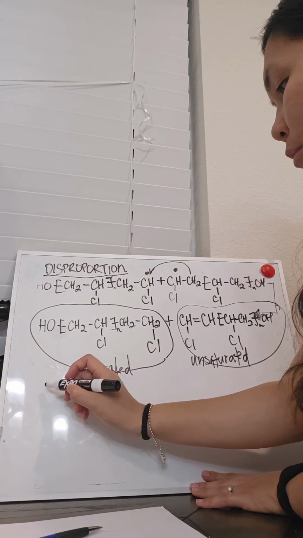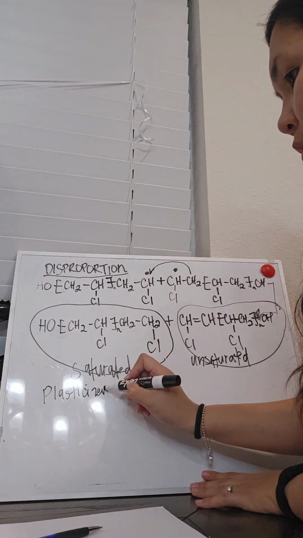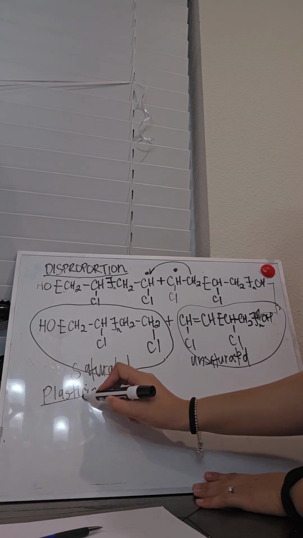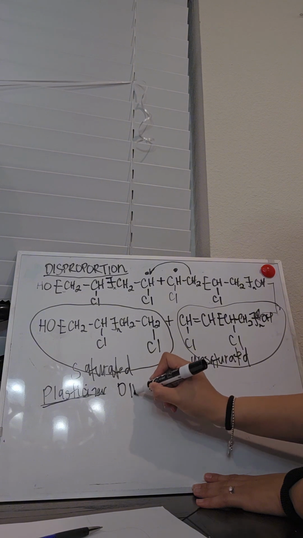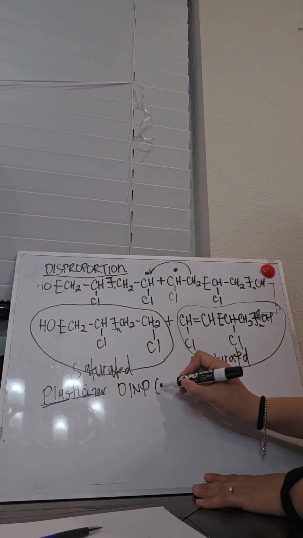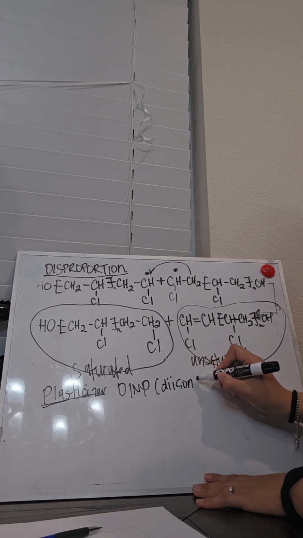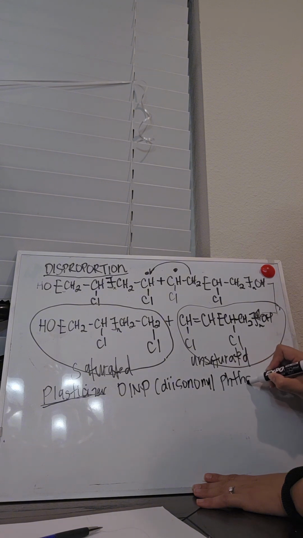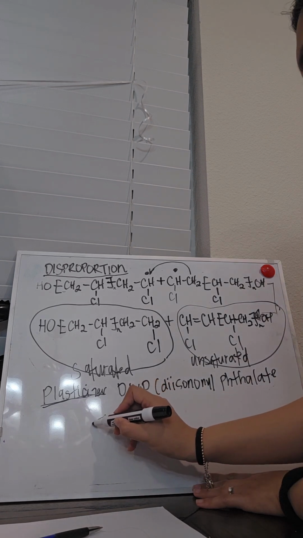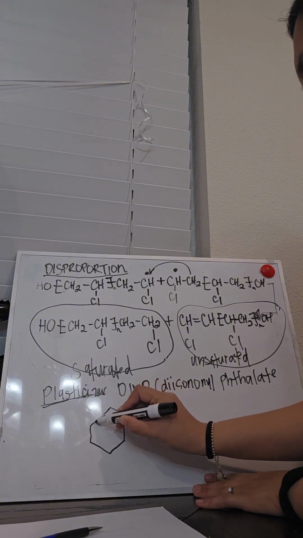So now I am going to talk about the plasticizer. Now the mostly used plasticizer that I am going to show is that of the DINP, which is the short acronym for diisononyl phthalate. And then, so I'm going to draw the structure of the DINP right here.